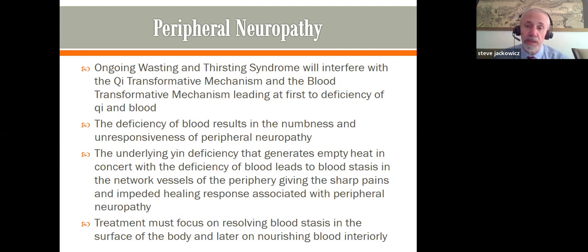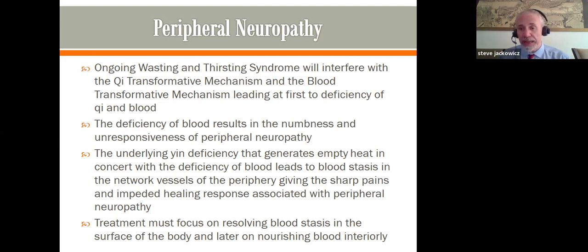The deficiency of blood results in numbness, because blood deficiency makes you numb, and unresponsiveness. That's in the peripheral neuropathy. So that makes the numbness. Okay. But underlyingly, the yin is broken and there's a yin deficiency and there's an empty heat. Well, combine that with the deficiency of blood, you get blood stasis in the network vessels. That's the lower vessels and the periphery.